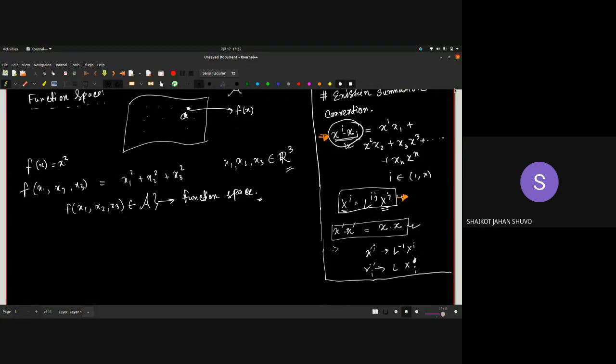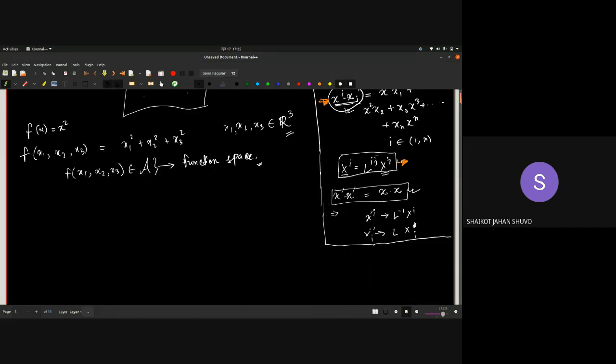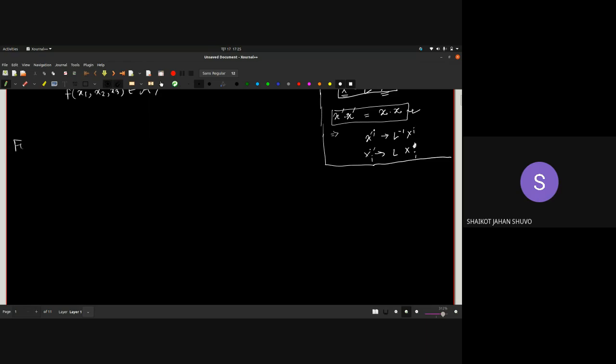So this is your function space. And now we can try to define a functional. You have seen functionals already. So what is a functional? A functional is a mapping that takes a function as an input and generates a number. That's pretty much it.